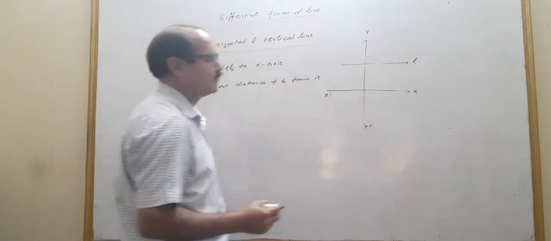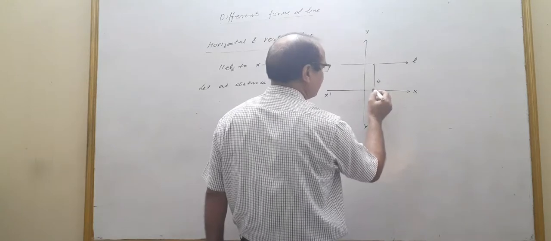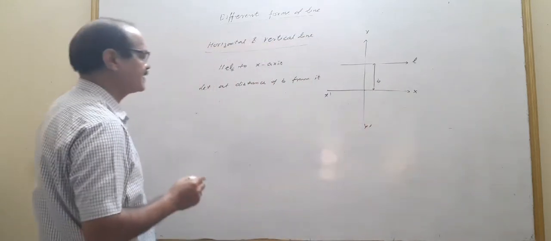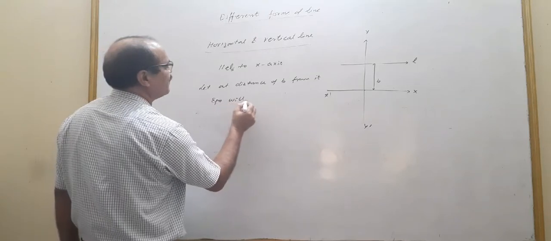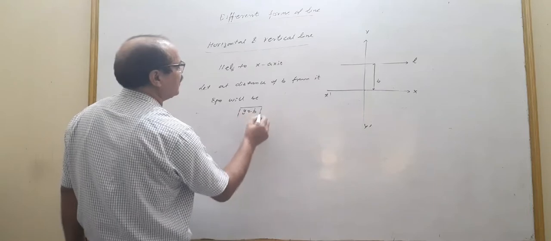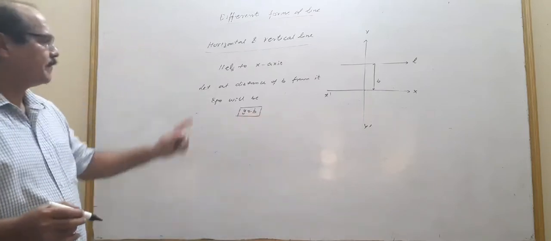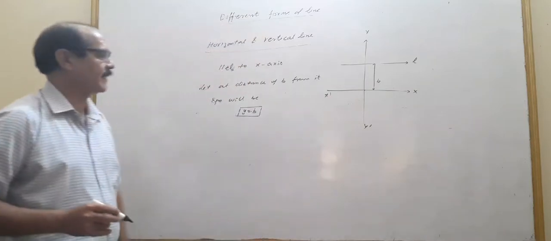Therefore this will be the position of the line, the distance b from x-axis, and its equation will be y is equal to b, the equation of the horizontal line which is parallel to x-axis and at a distance b.